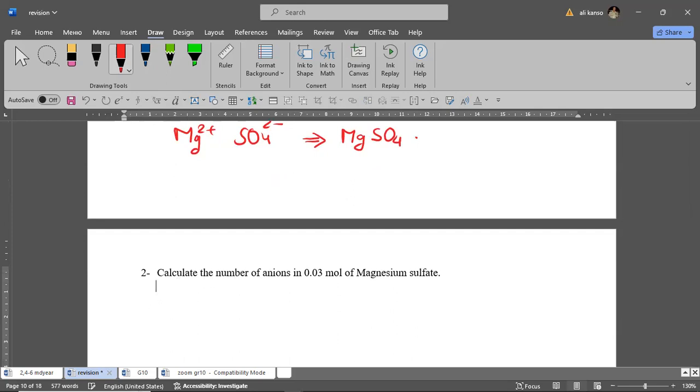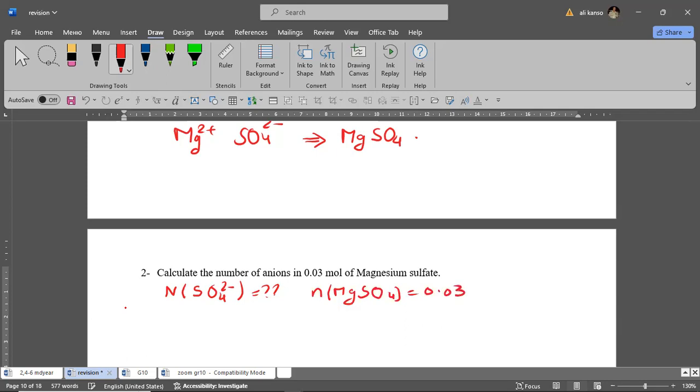Question two. We have to calculate capital N of anions. What are the anions here? SO4 2 minus. But what is given is the number of moles of the magnesium sulfate units.